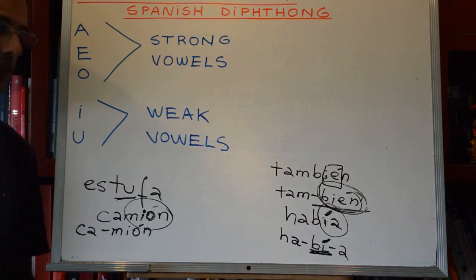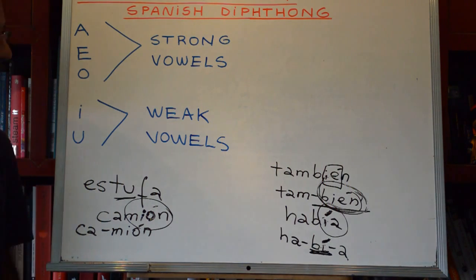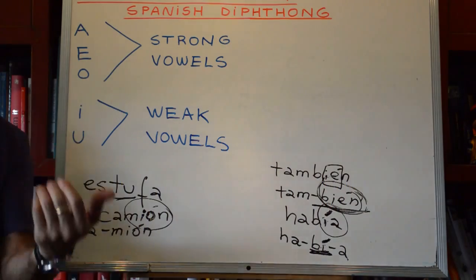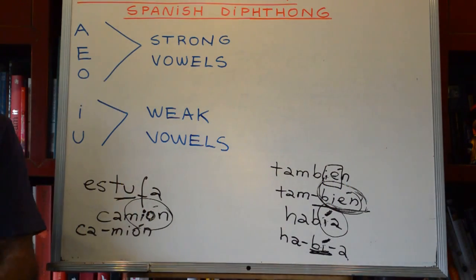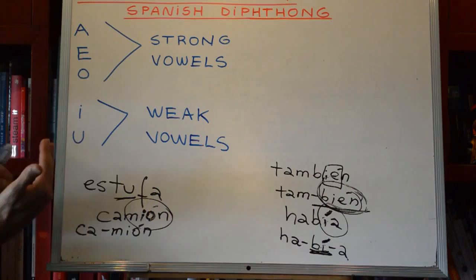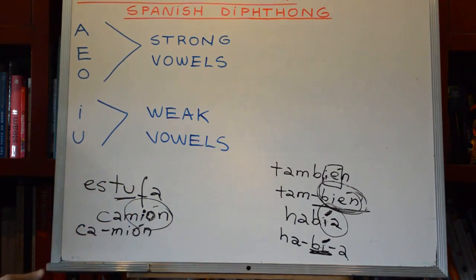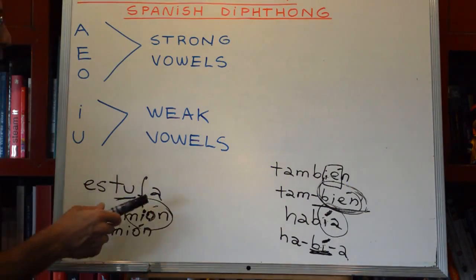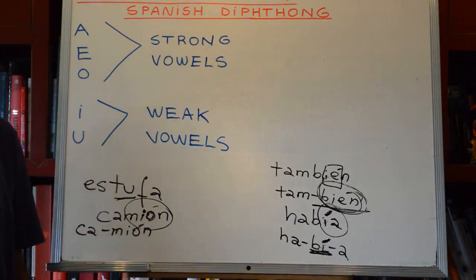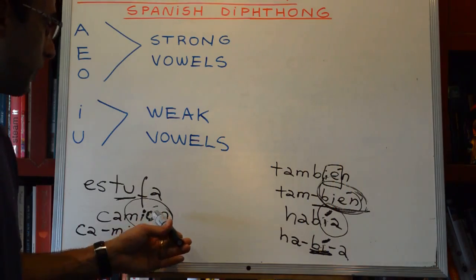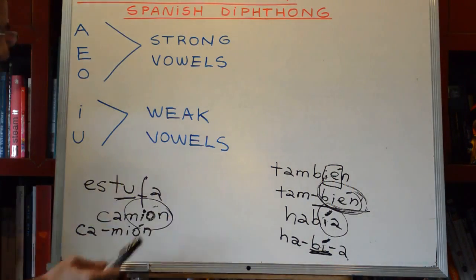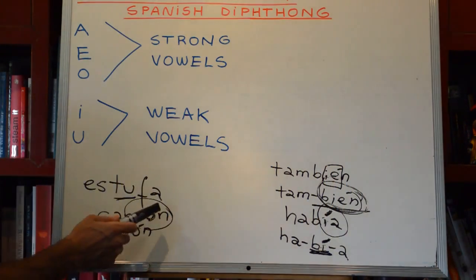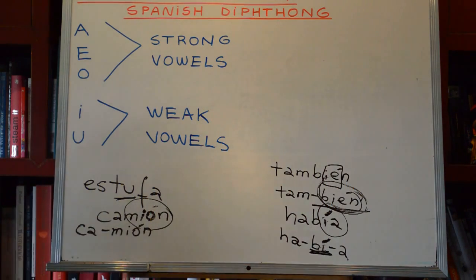There, the letter I would become a strong vowel because of the accent, and therefore we would have two strong vowels, I and O. Therefore, they would be separated in different syllables, and that would be an hiatus. However, since the word camión carries actually the accent on the O, the word for truck, then it is a diphthong, as you can see here.